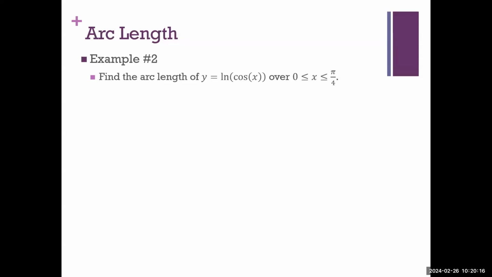How would you like to start? Try to find our derivative. Can we find a derivative of natural log of cosine of x? Chain rule. So y prime is equal to what?